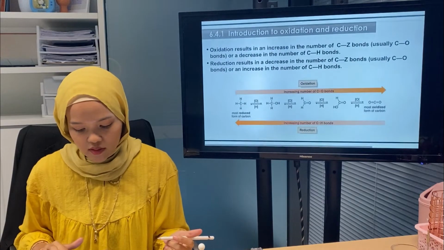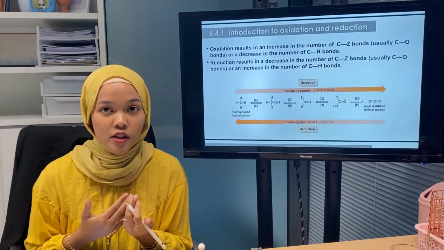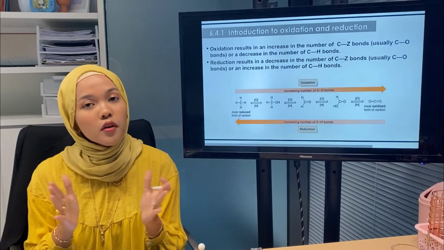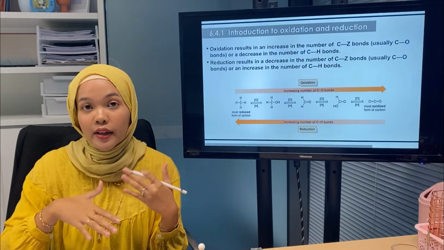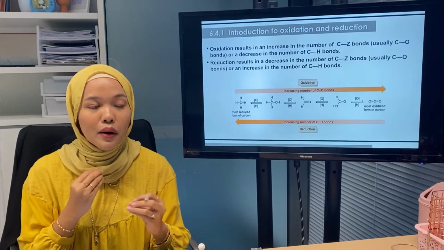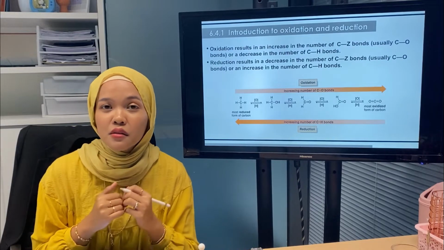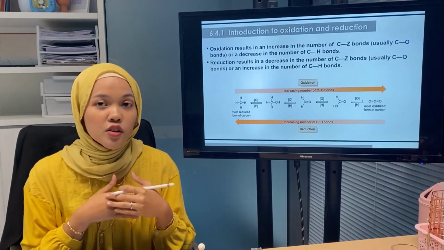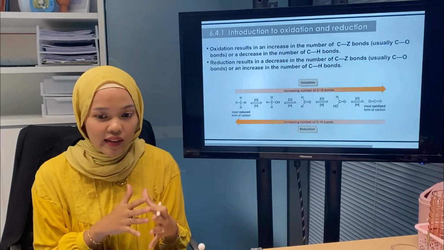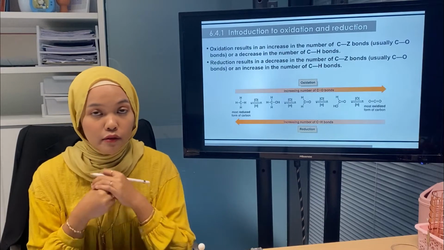First of all, what are oxidation and reduction reactions? Of course, you still remember oxidation is the loss of electrons and reduction is the gain of electrons, but that is more for reactions in electrochemistry. In organic chemistry, you will see more in terms of addition and removal of bonds.